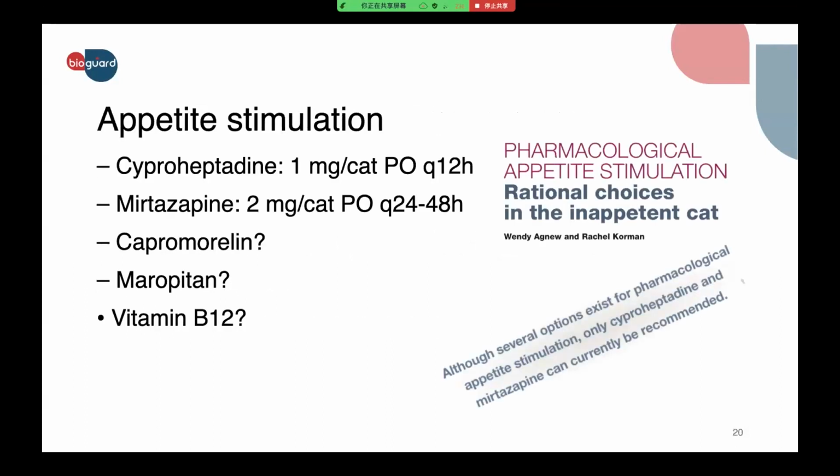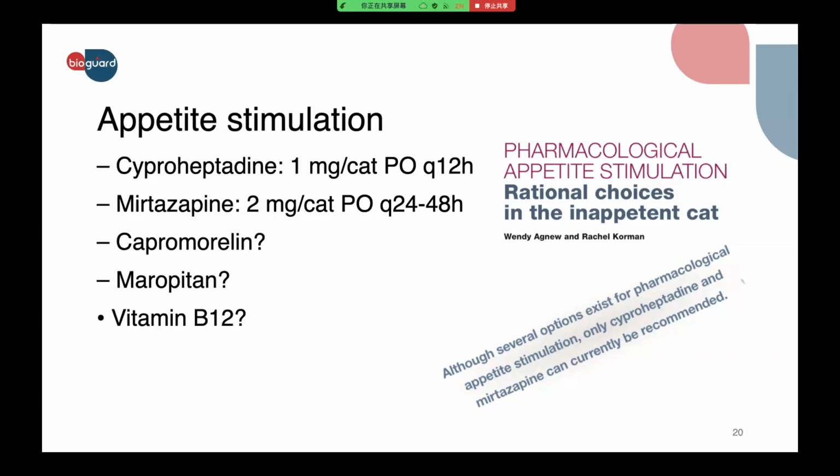Commonly, there are several methods to make a cat that is not eating start eating. Besides what we talked about previously, rehydrating the animal and stopping the nausea, we can also use some appetite stimulants, like cyproheptadine or mirtazapine.